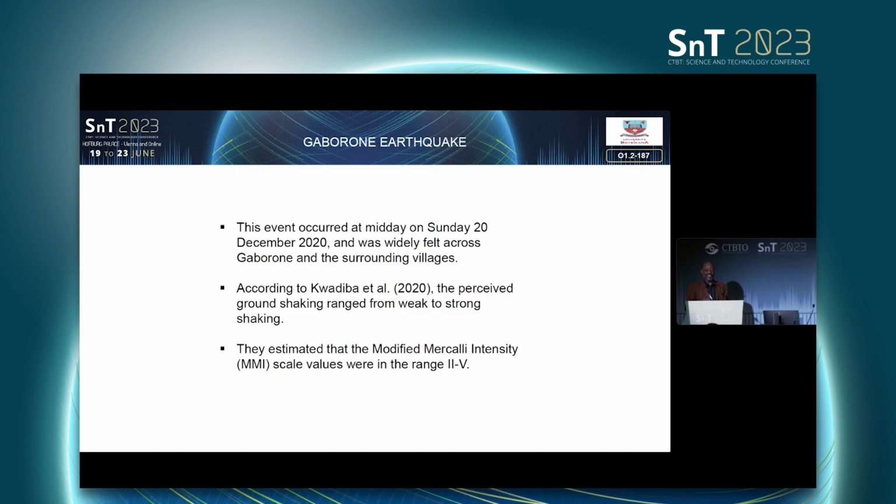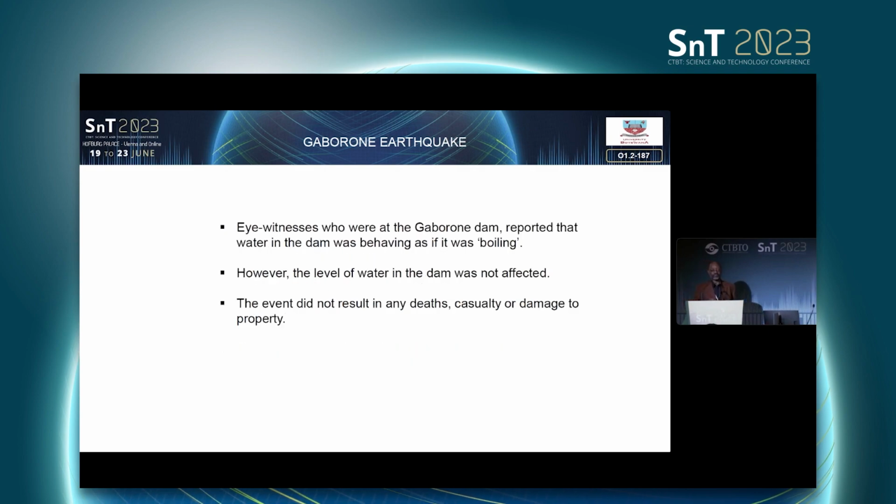They estimated that the modified Mercalli intensity scale values were in the range 2 to 5. Most of the people were still in church, and others were still driving from church. So some of us didn't feel it because of that situation.